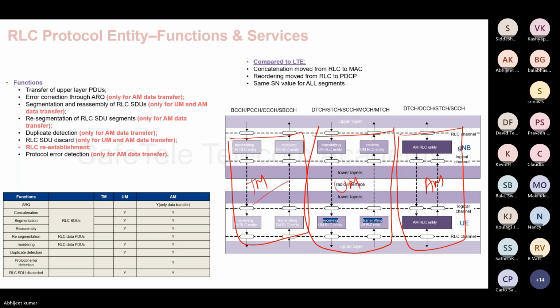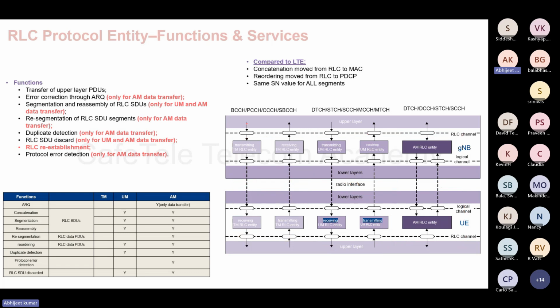TM is transmission mode. It offers no error correction or retransmission and is used for broadcast information. That's why, if you see, they are just transmitting. They don't have a two-way path like this. They just transmit, no feedback, no HARQ retransmission. Here also in unacknowledged mode, the same scenario.